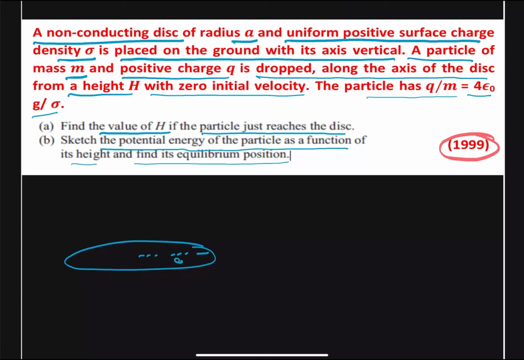Radius is given as a, and we have a point P of positive charge Q. So this is our positive charge Q, and it is dropped from height h. So this is our height h.